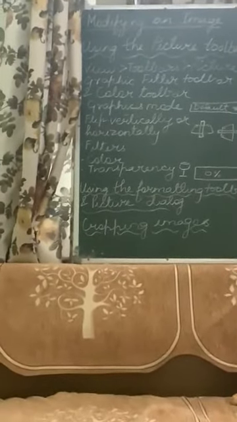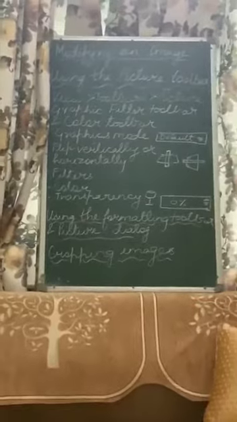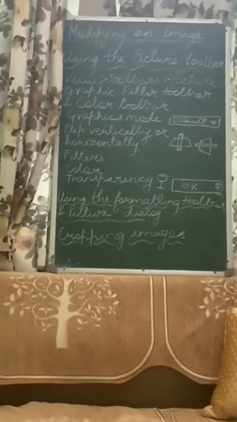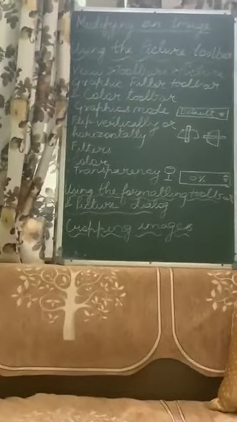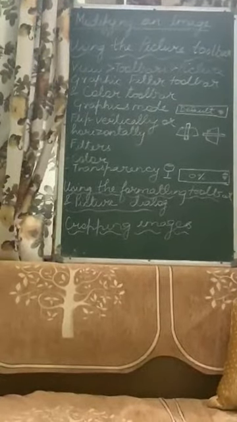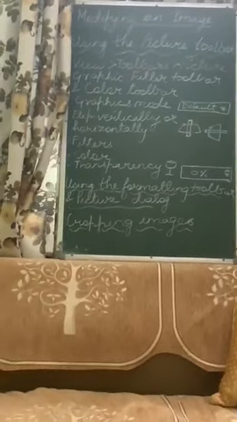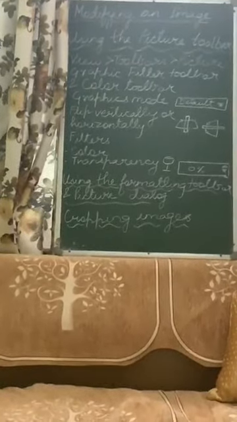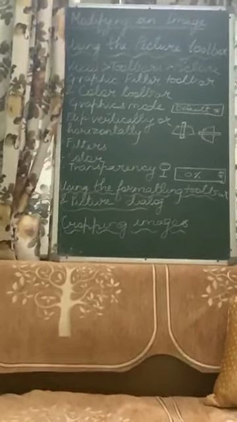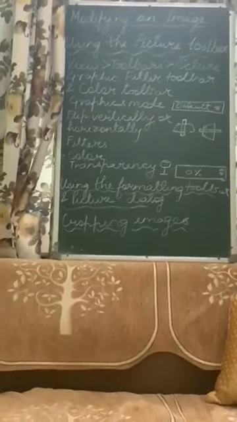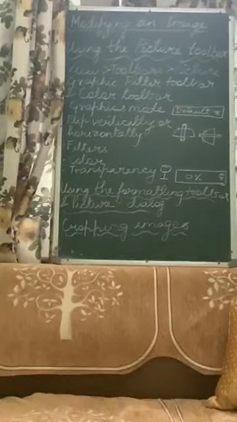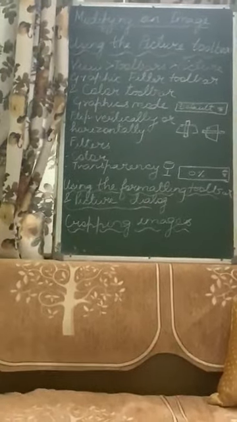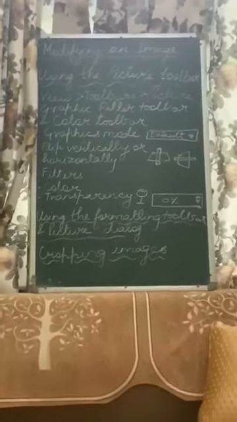The next parameters in cropping are right, left, top and bottom: how much you want your image to be cropped from the left, the right, the top and the bottom. The next are width and height, which can be changed according to your need. Either scale or image size changes as you enter the values in the left, right, top and bottom fields. So the width and height of the image can be controlled in cropping.